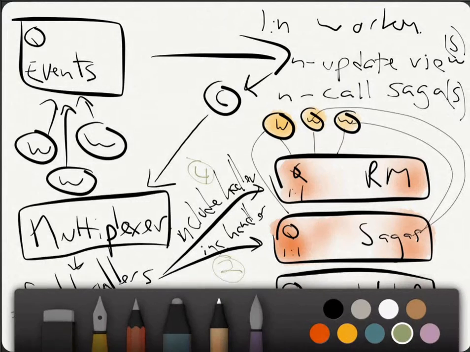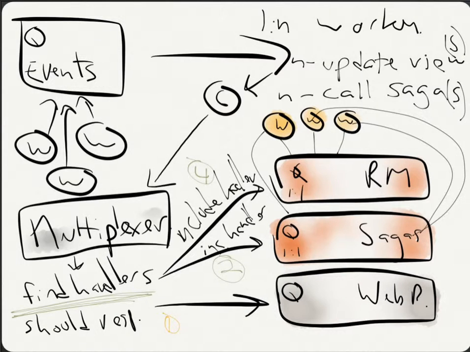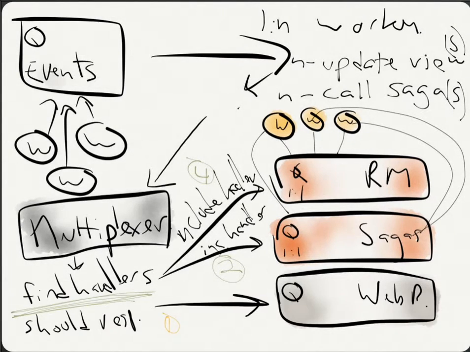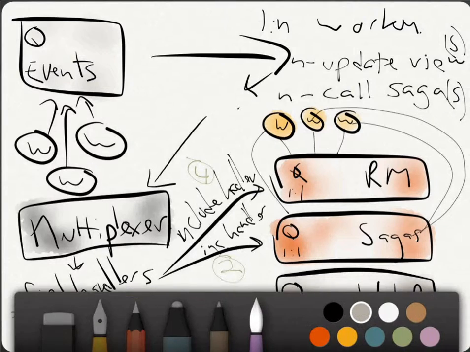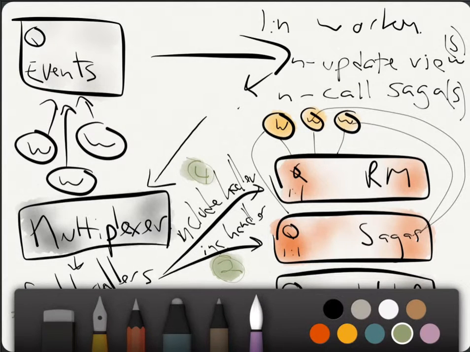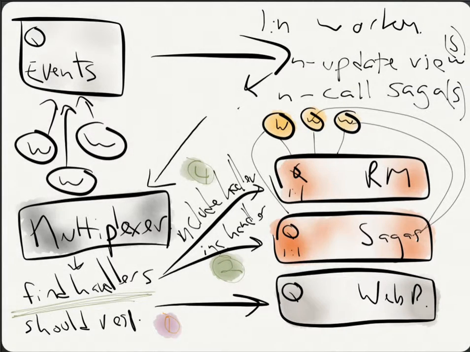So we started out with one message, but in the end, we ended up with 6 or 7 messages. 4 for read models, 2 for sagas, and 1 for the web response.